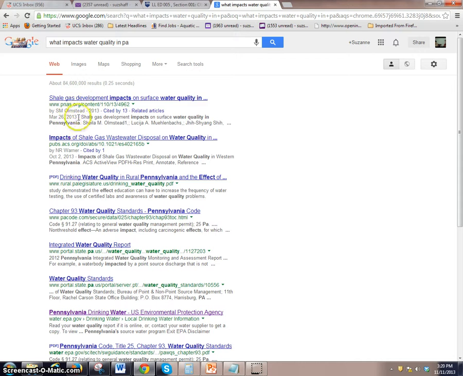So look at that. The first two big articles are about shale gas development, the impacts of shale gas, wastewater disposal, and water quality. And I happen to know that that's a really big issue in this area right now for many reasons, and so I think that may be a good place to start.